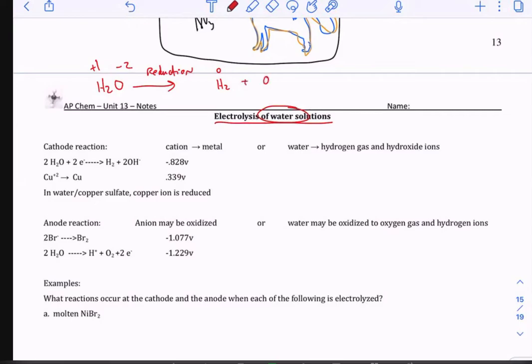And the other product is hydroxide, which is the remains of water after hydrogen has been pulled off. So that is where this reaction comes from. And we balance it, right? And after balancing, 2 electrons. And then we get E red to be -0.83 volts.